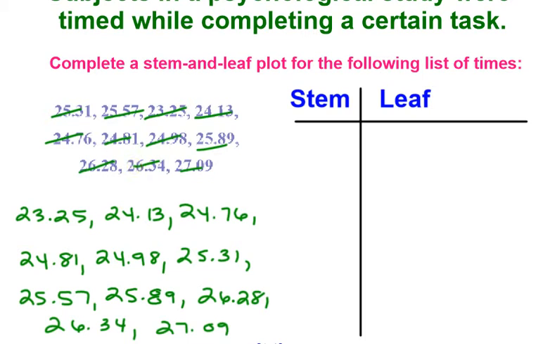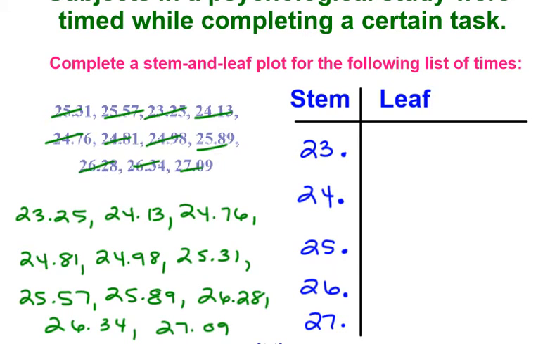So in this case, I'm going to choose to use 2 digits for my stem, and then the decimal point, because they repeat so much. So I have 23 point, 24 point, 25 point, 26 point, and 27 point.